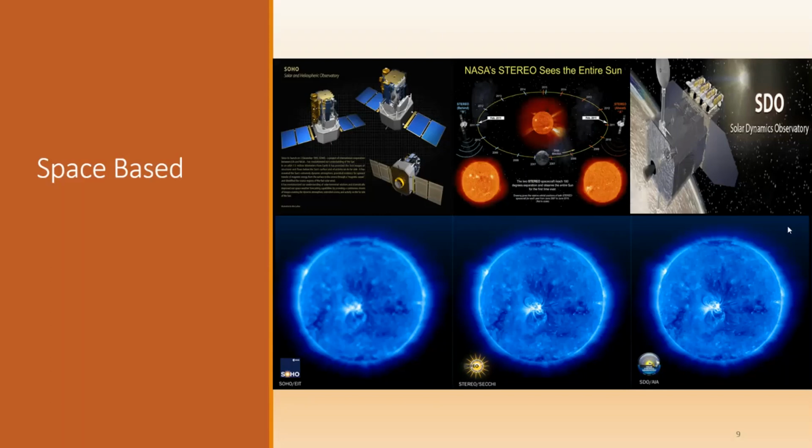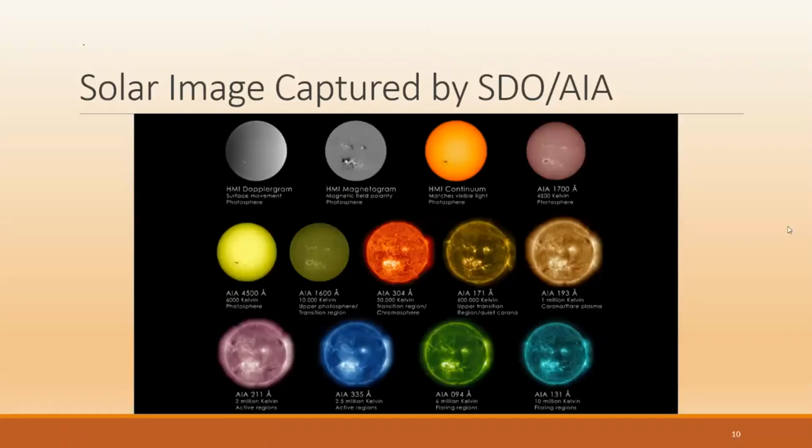Therefore I use these SDO images, and for detection of solar coronal hole regions, mainly three images are quite useful: the SDO AIA 171 Angstrom, 193 Angstrom, and 211 Angstrom images. These three fit quite well for detection of solar coronal hole regions.